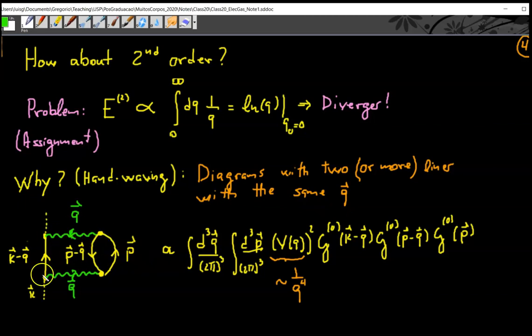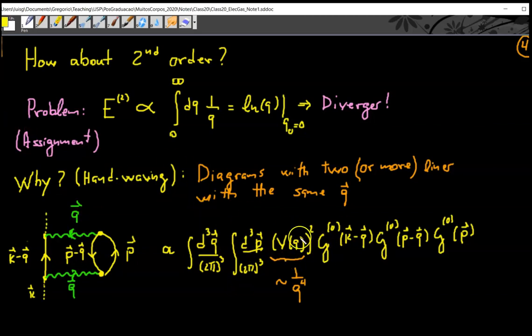Now the expression for this diagram would be something like that, right? It would have an integral over internal momenta, p for instance, and q as well, and a sum over frequencies as well. I'm not putting the sum over frequencies here, it is all hand waving, but I'm more worried about the momentum.